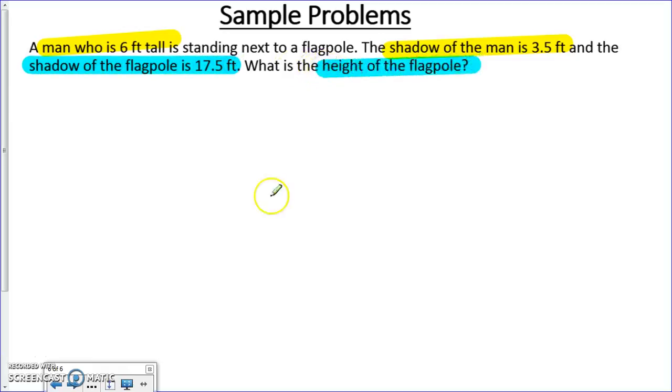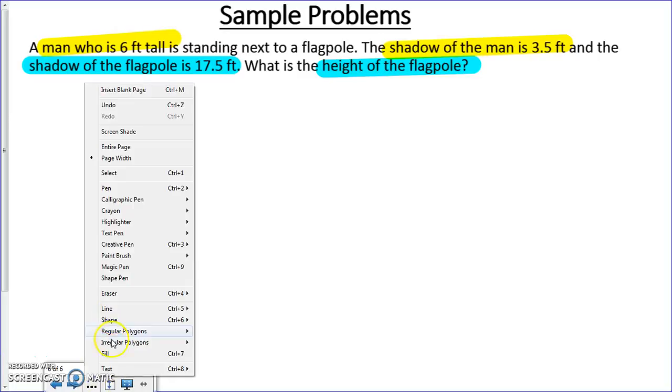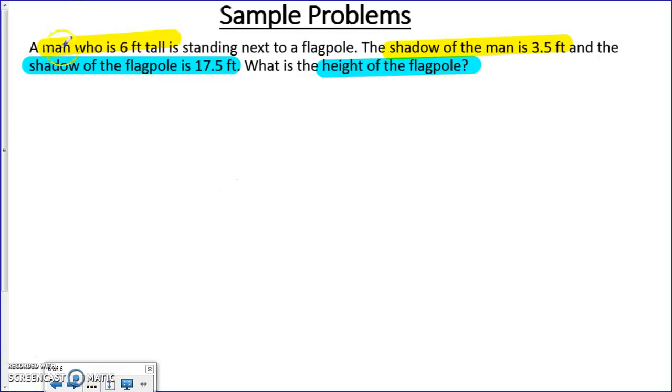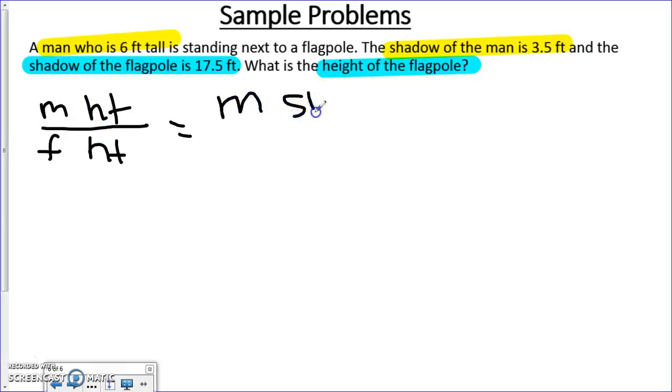So again, one fraction is going to represent height, and one fraction is going to represent the shadow. So we can write this out as, we could put man height over flagpole height, and I'm just going to abbreviate man with M and flagpole with F, equals man shadow over flagpole shadow.